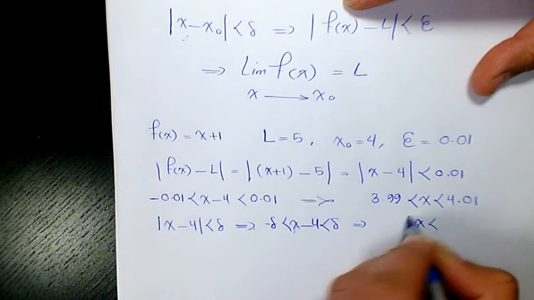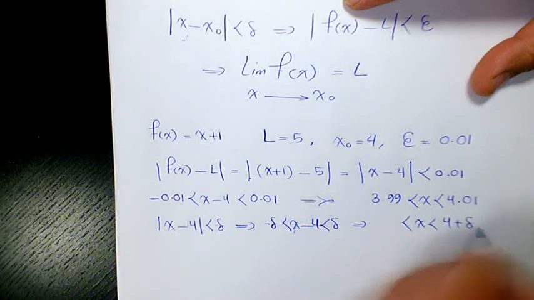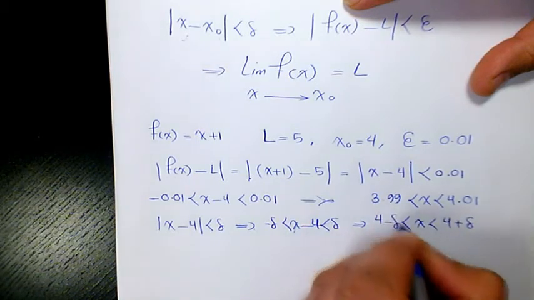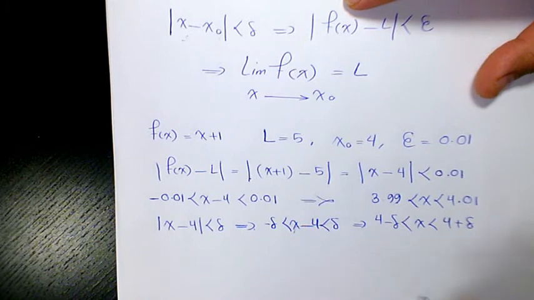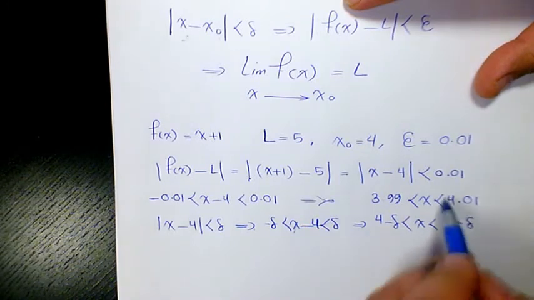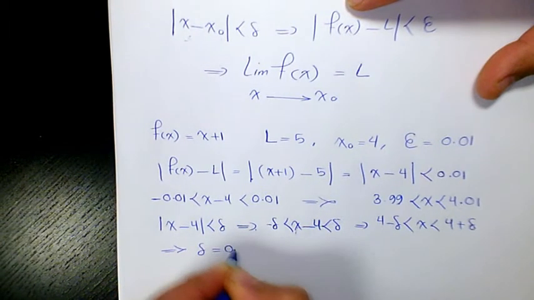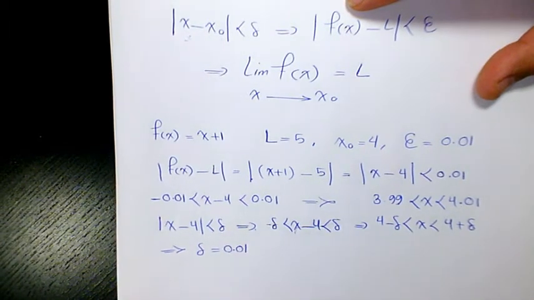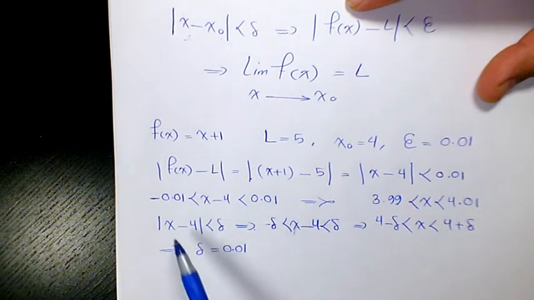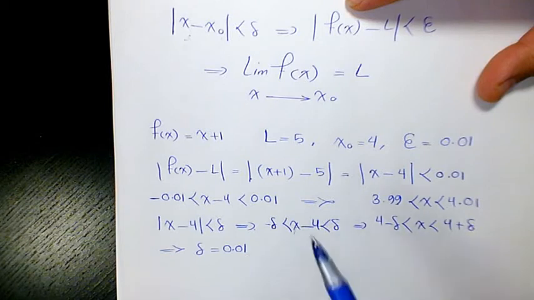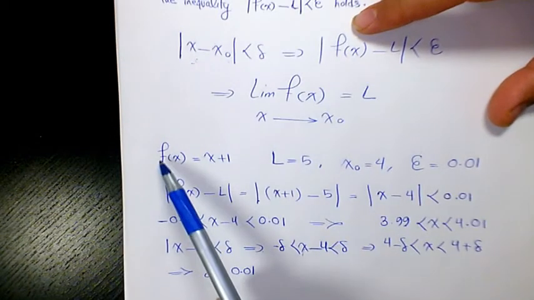So x is between 4 minus delta and 4 plus delta. So based on what you see here and comparing these two, we're going to say that delta is 0.01.